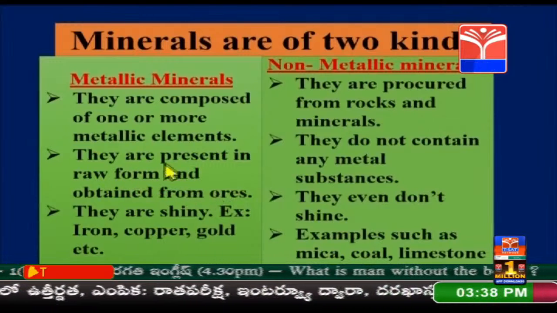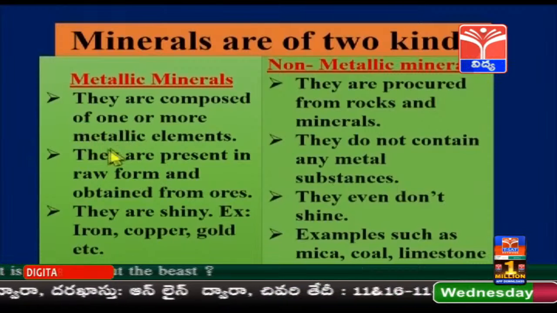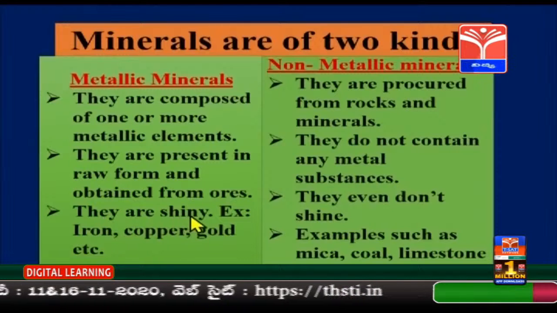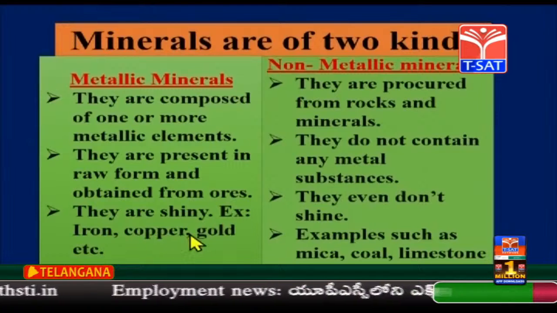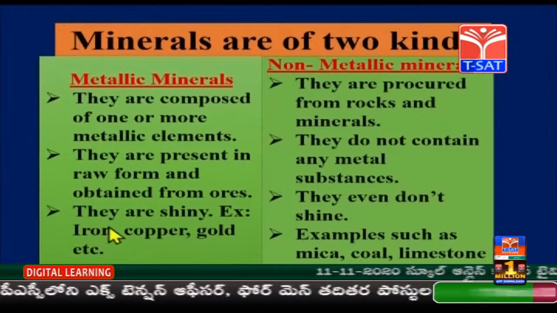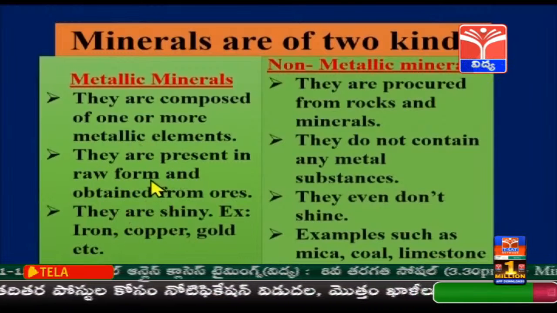Means in one single mineral two or more metallic elements are present, and these minerals are also shining. For example, iron, copper, gold, and silver, which is also shining, and they are good conductors of electricity.